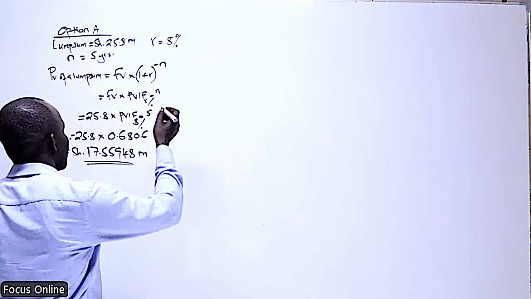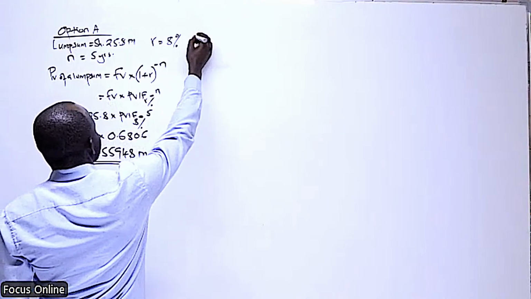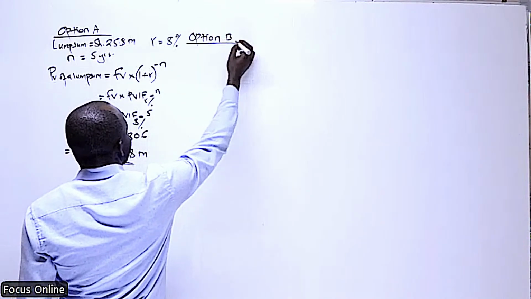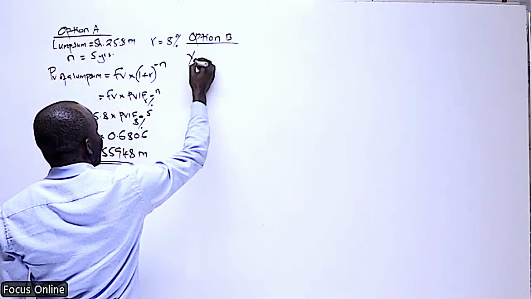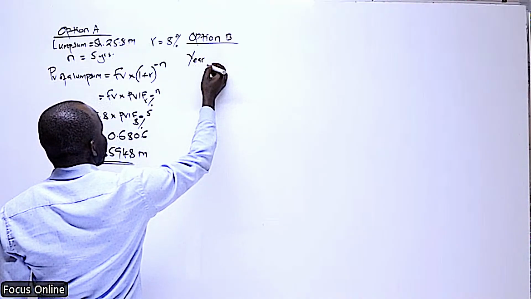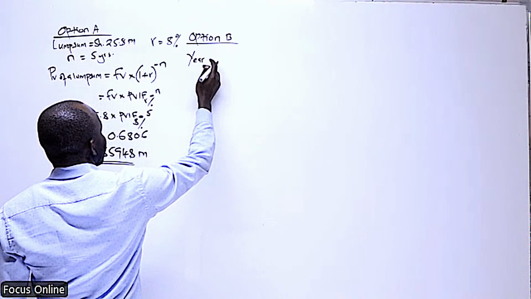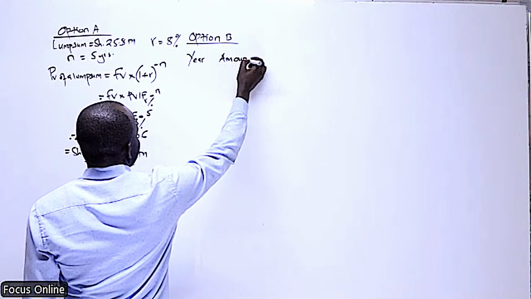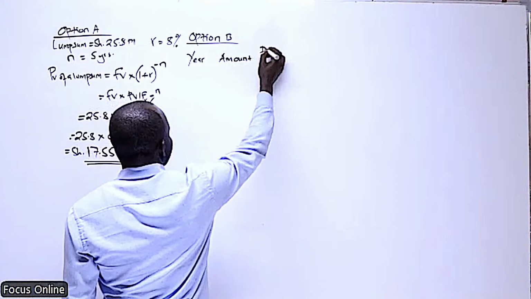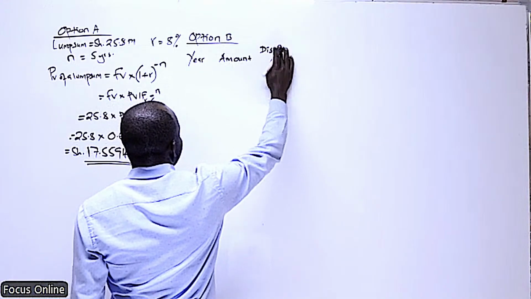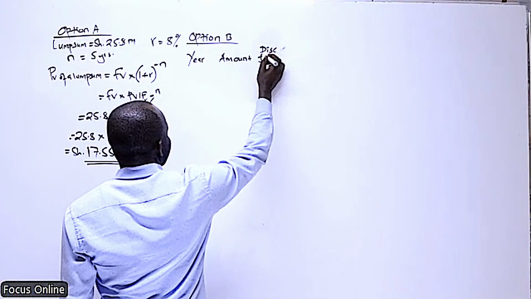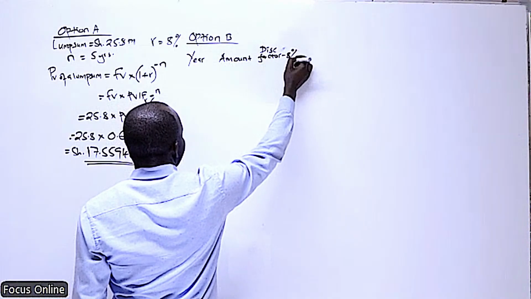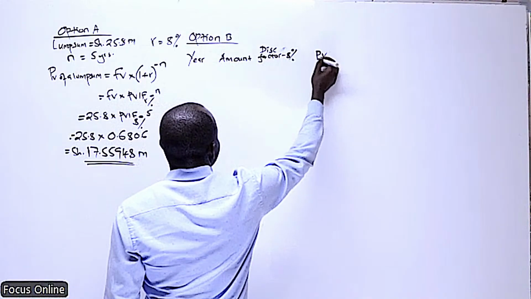So here, for option B, we'll have year, amount, discount factor, you're using 8%, and present value.